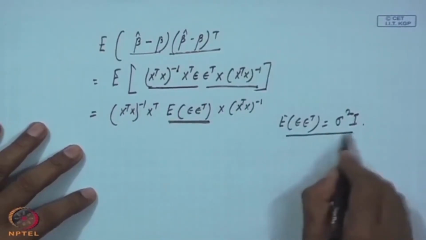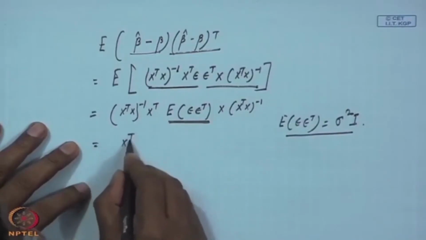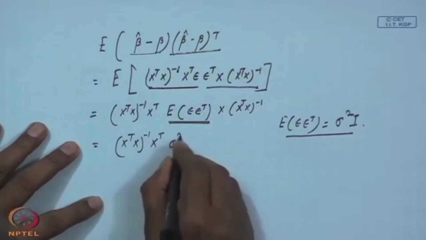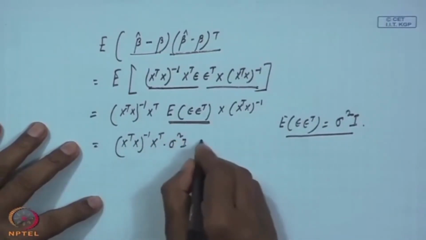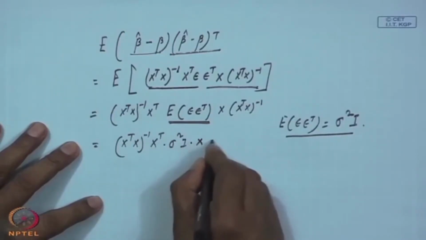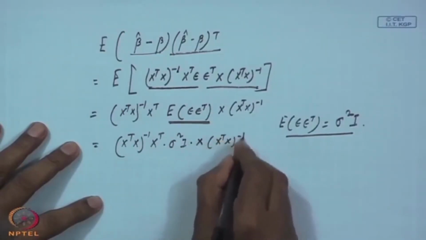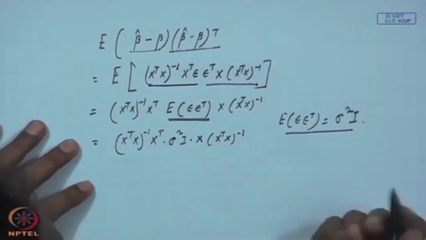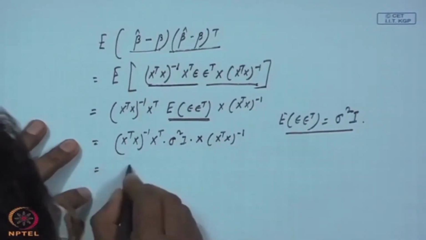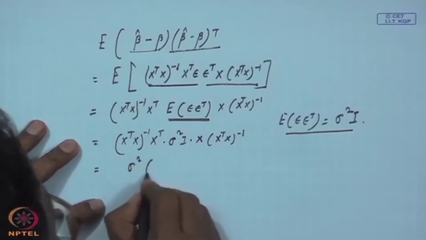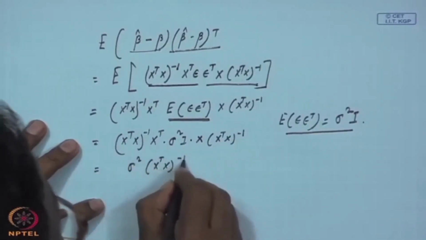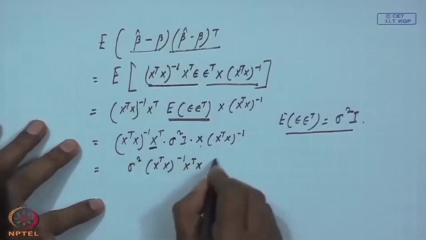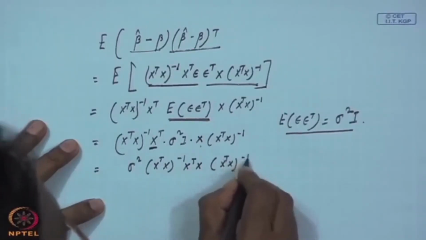So this quantity becomes (X transpose X) inverse X transpose sigma square I X (X transpose X) inverse. Sigma square is a constant and I is the identity matrix, so finally it will be sigma square (X transpose X) inverse X transpose X (X transpose X) inverse.